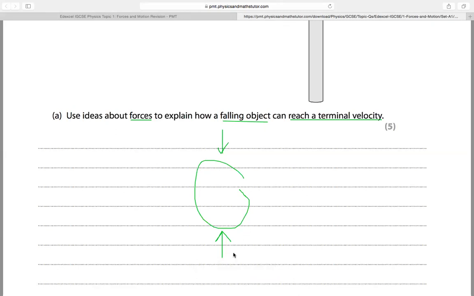And there's also an upward force, opposite to gravity, which is the drag. So I have 3 points, and then I continue. The 4th point, say eventually drag is equal to weight. Eventually after a specific time, the downward force will equal the upward force. So drag will equal weight eventually. That's point number 4.